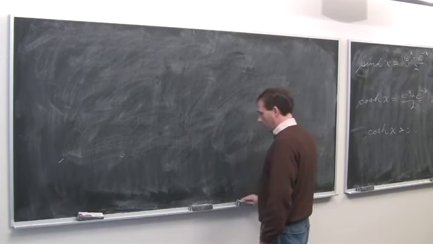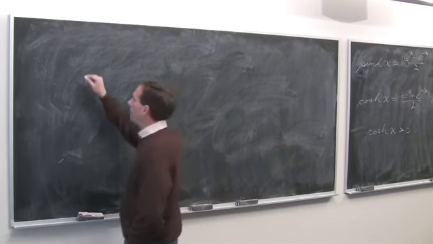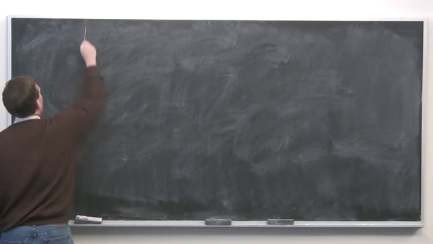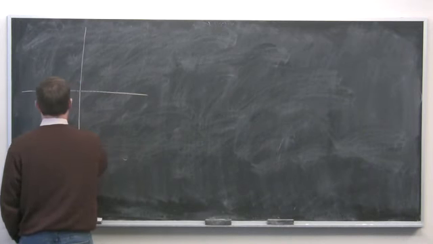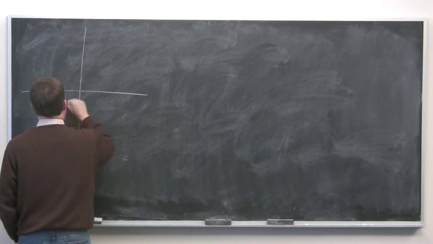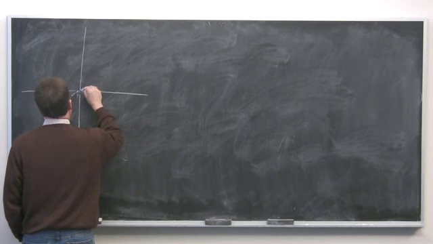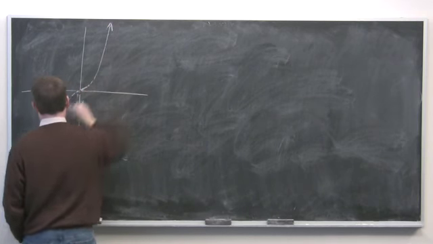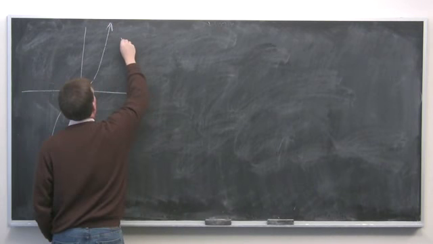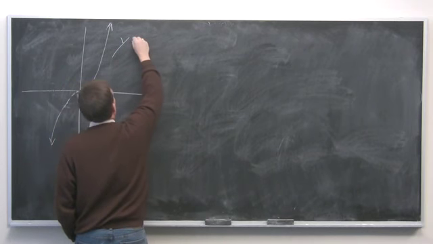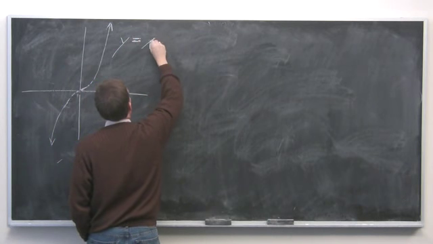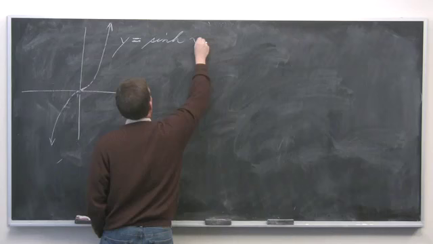So we'd like to see quickly that the graph of y equals hyperbolic sine looks roughly, well, the way I draw it. It practically looks like the graph of y equals x cubed, but it's very different. So this is the graph of hyperbolic sine.